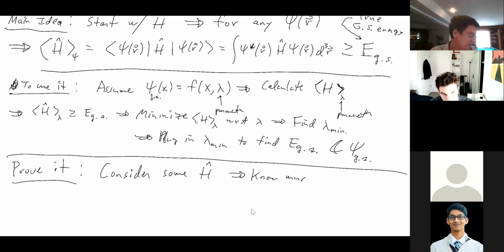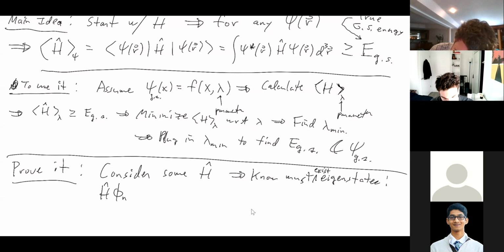We don't even need to know what they are, but we just know they exist. The eigenstates must exist such that H acting on these eigenstates is equal to the energy of each eigenstate.